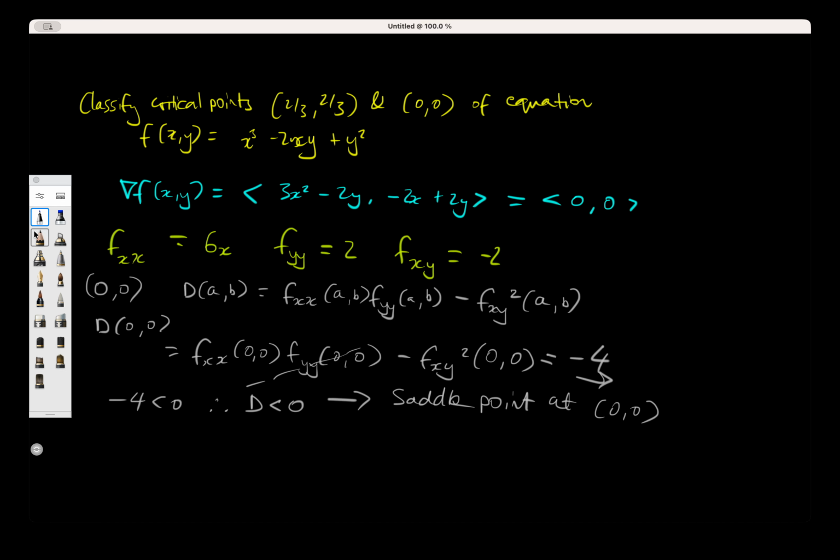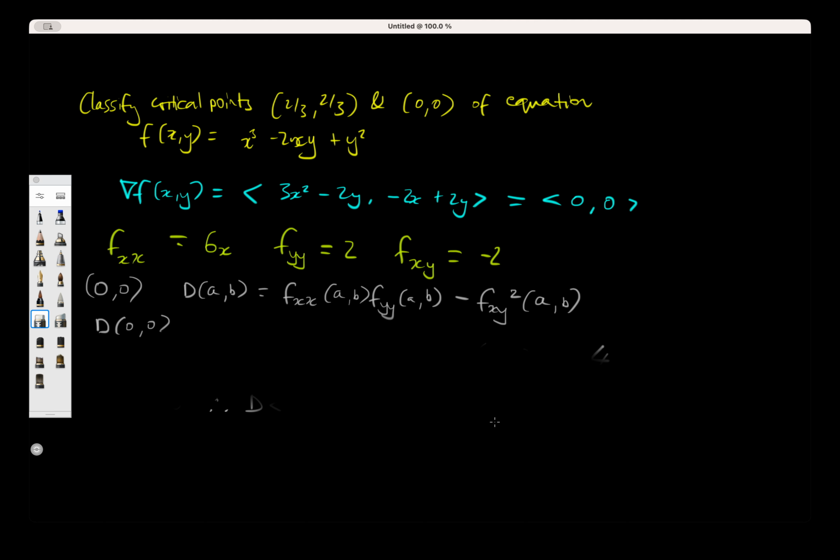We are now going to do the same, but for the next one. Let me just get rid of this. Okay, let's change colors. We're now going to find the discriminant at this next point, 2/3, 2/3.